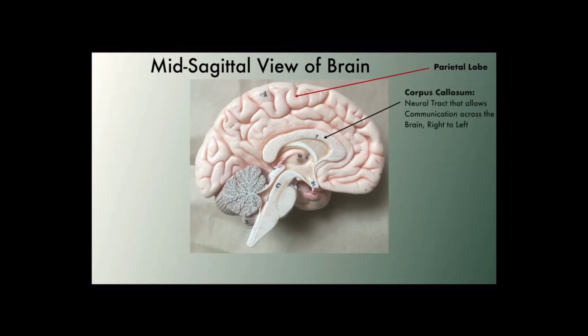That's our corpus callosum, a neural tract that allows communication across the brain, right to left. Corpus callosum. Good. Here. That's right. That's our septum there, right? It covers the lateral ventricles.